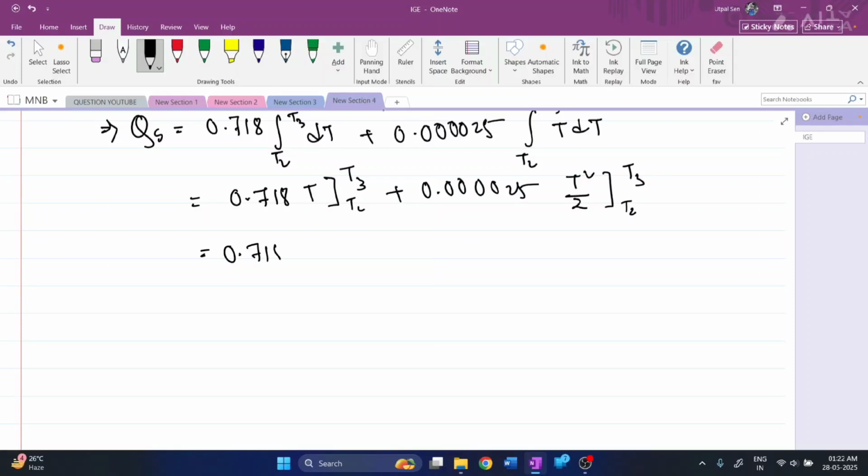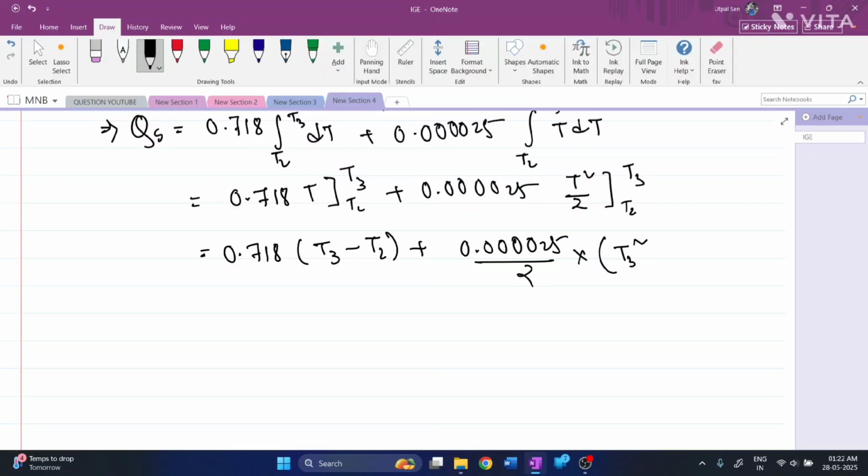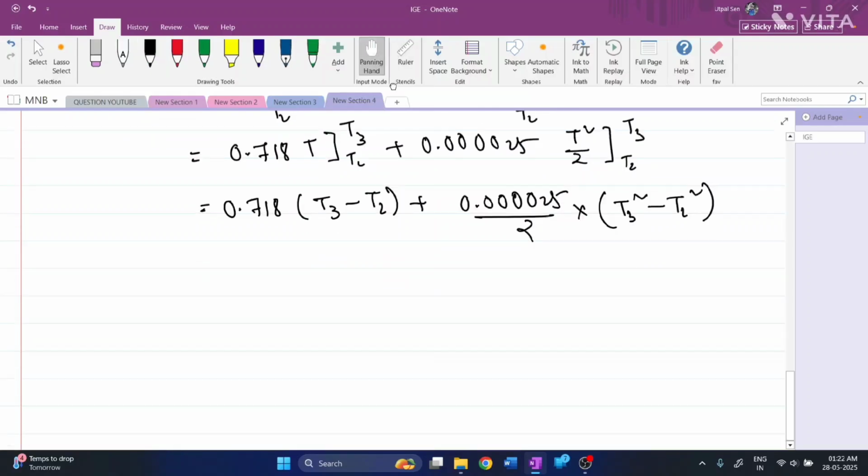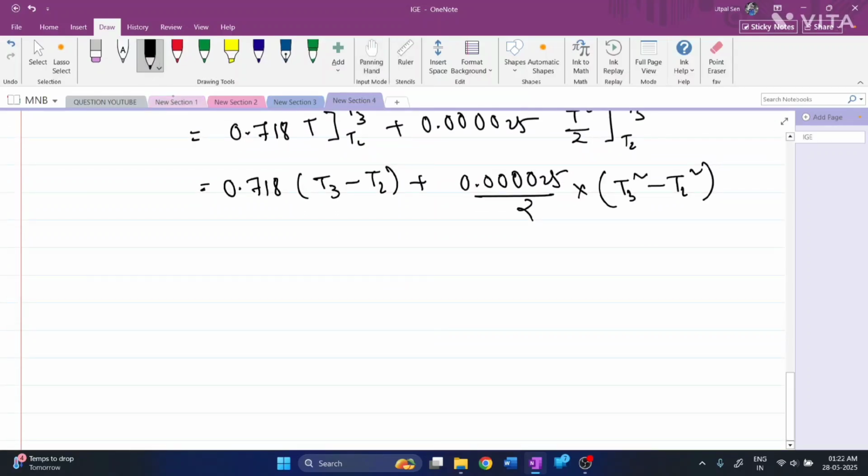For that, first we write the simplified equation: 0.718 into T3 minus T2 plus 0.000025 divided by 2 into T3 square minus T2 square. So T3 and T2 we have.